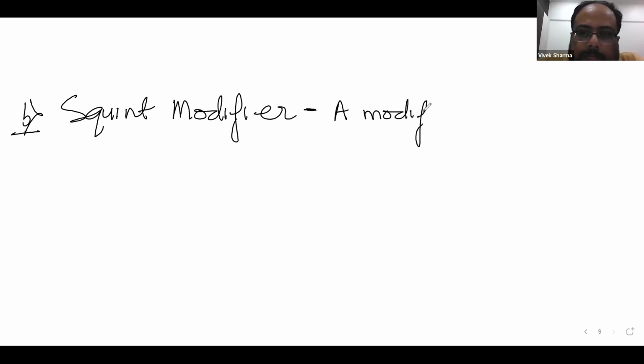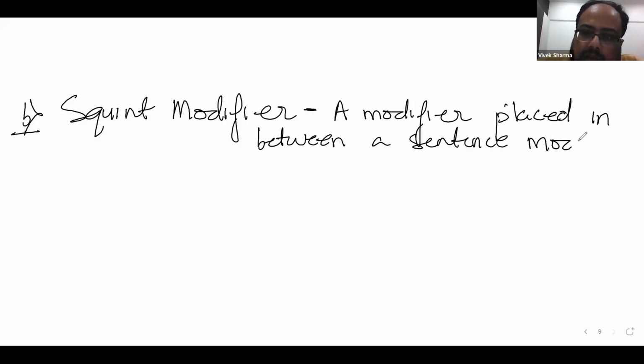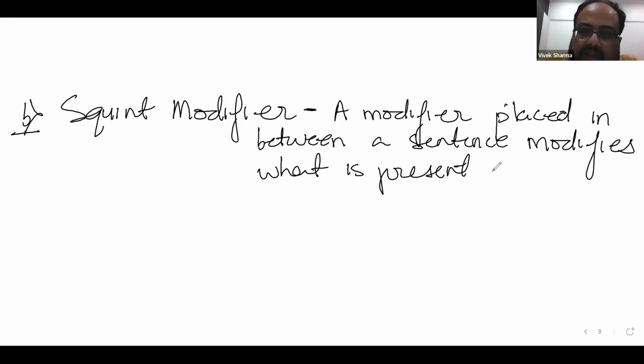Here what happens is a modifier placed in between a sentence modifies what is present on either side of it.